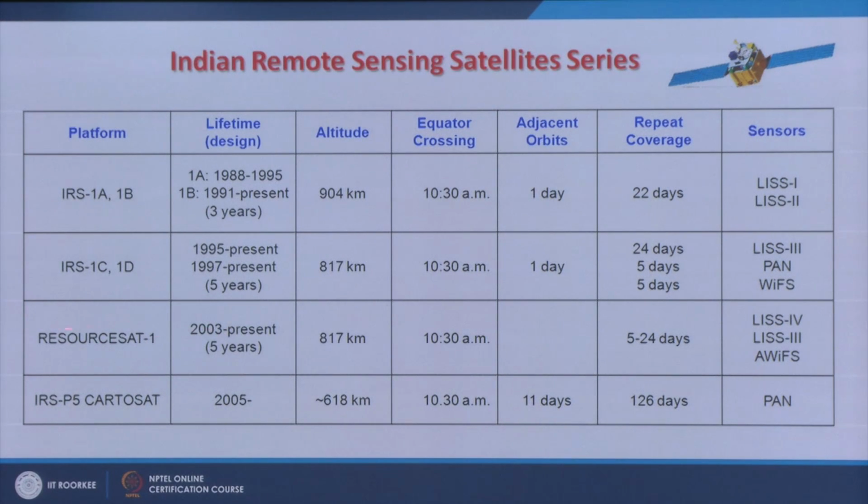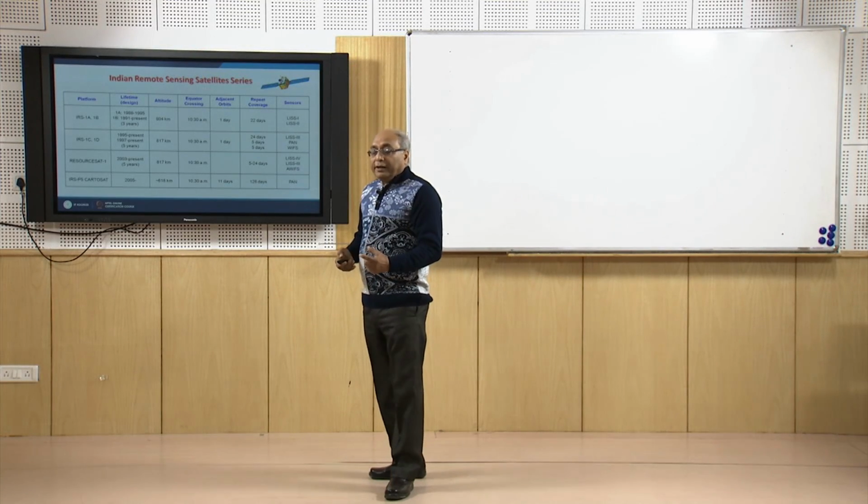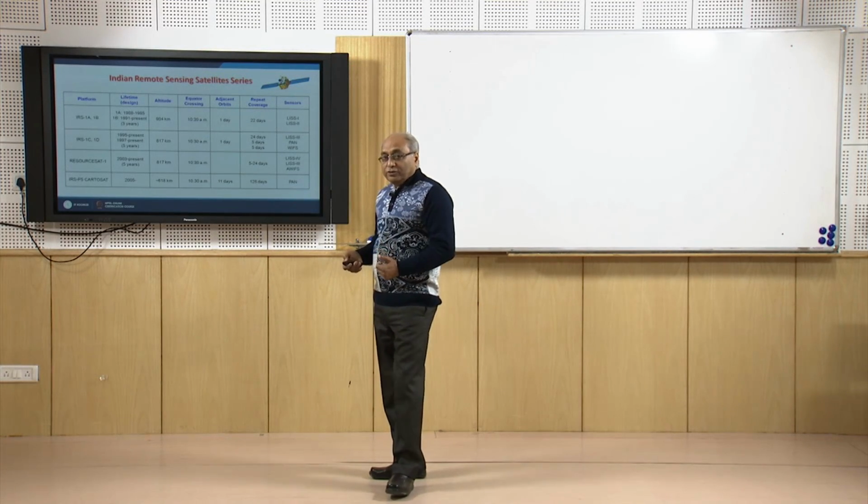Then we started another P series of the satellites, IRS P, also called Cartosat, and in between also Resourcesat. Resourcesat 1 lasted for 5 years. It was again almost the same altitude, same crossing time, and the temporal resolution was also the same. Now the LISS 3 sensor continues, because LISS 3 was one of the best ever sensors of the IRS series of satellites.